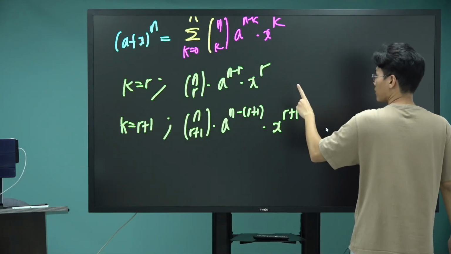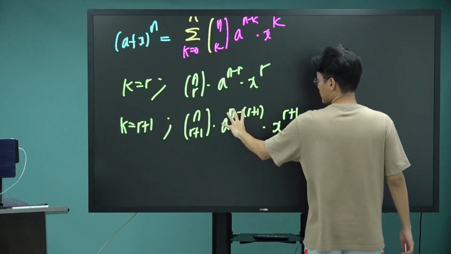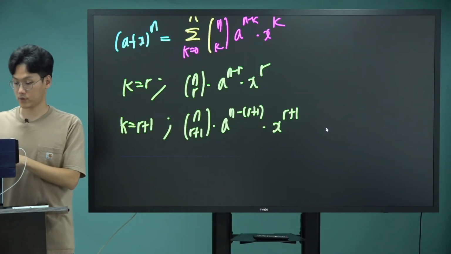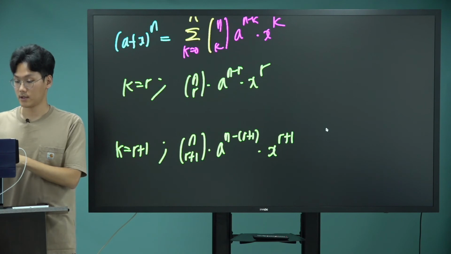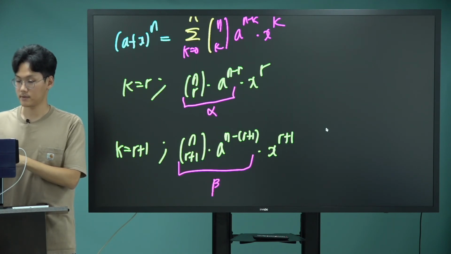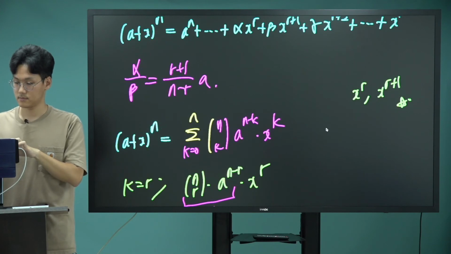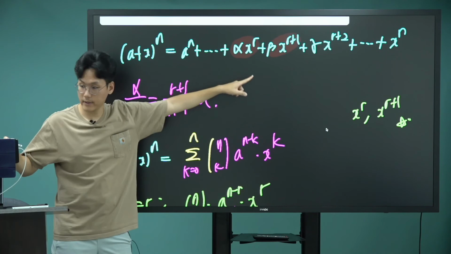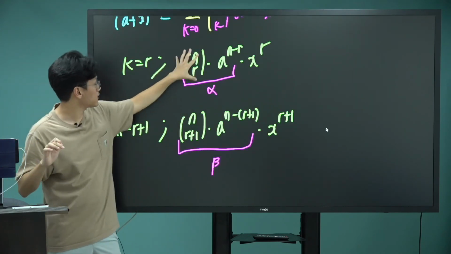And we now realize that is alpha and that is beta, because they are the coefficients of the terms that we wanted to find. So this is your alpha and this is your beta.